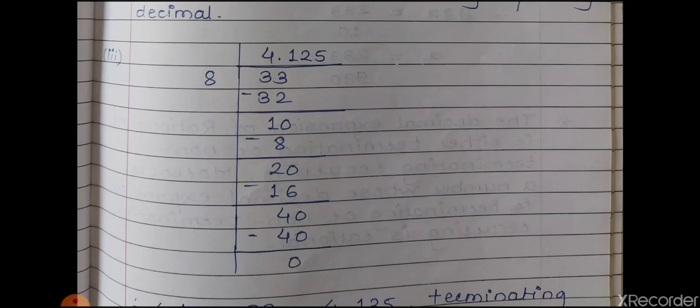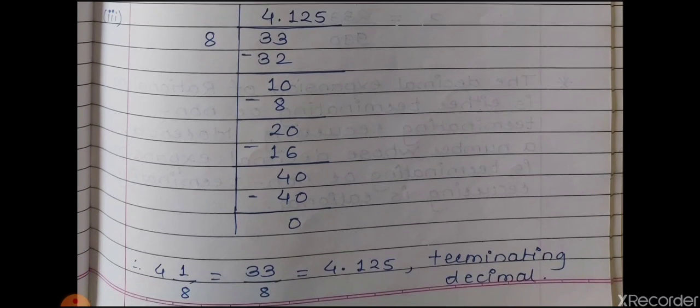If we divide 33 by 8, we get the quotient 4.125 and the last remainder is 0. So 4 and 1 upon 8, which is 33 divided by 8, is equal to 4.125. Here the decimal expansion terminates after a finite number of steps. Therefore this is a terminating decimal.